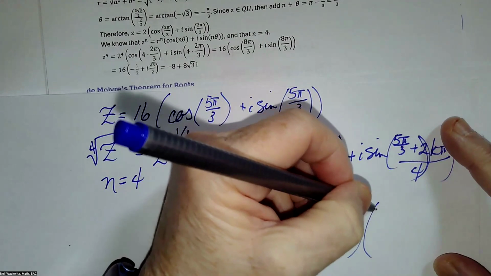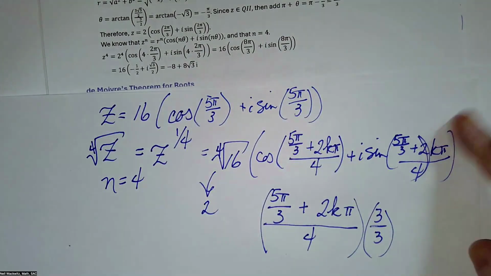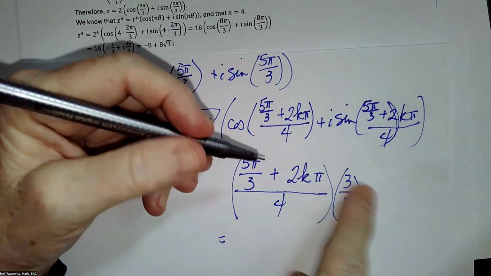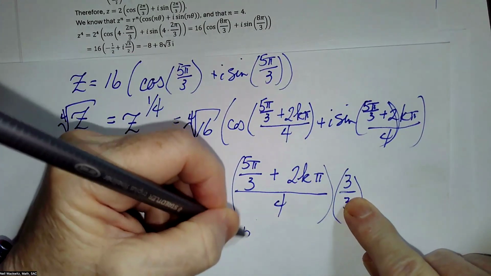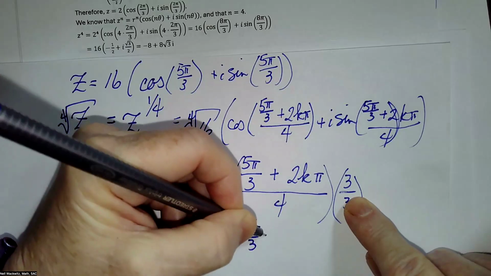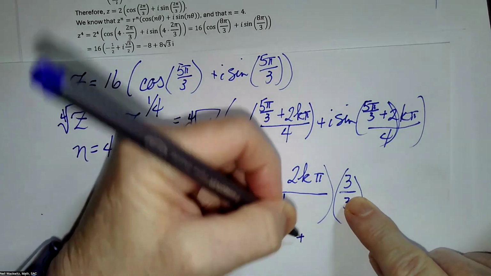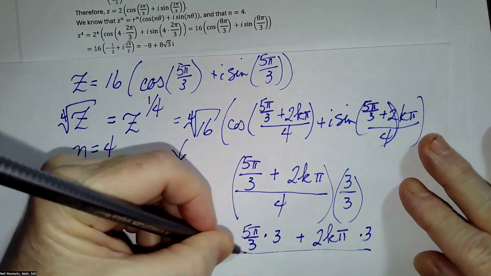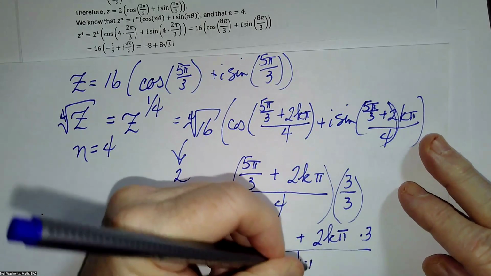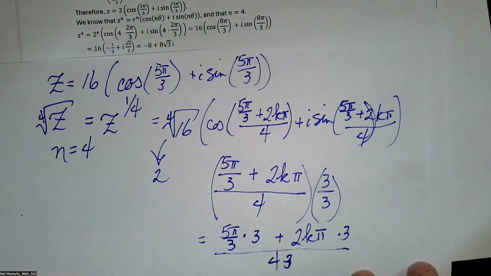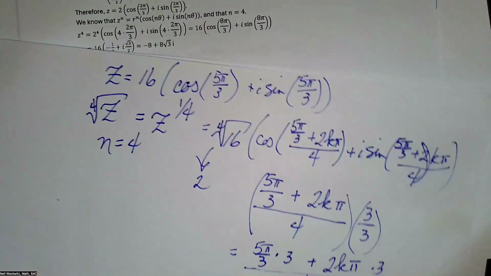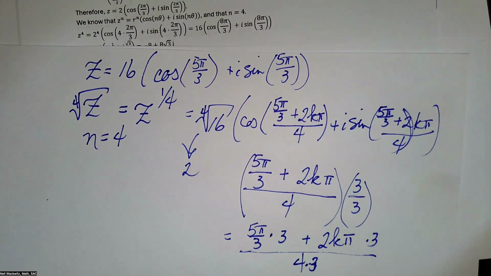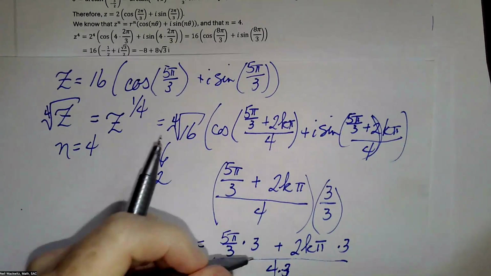So I'm going to multiply by 3 over 3. And now I'm going to distribute. So we've got 5 pi over 3 times 3 plus 2k pi times 3, all divided by 4 times 3. And 5 pi over 3 times 3, we can see that the 3's divide out.